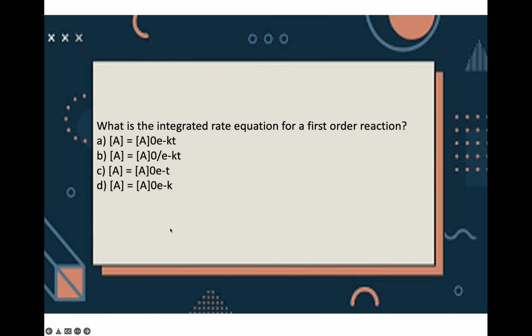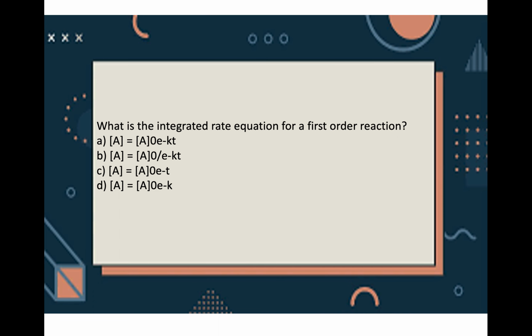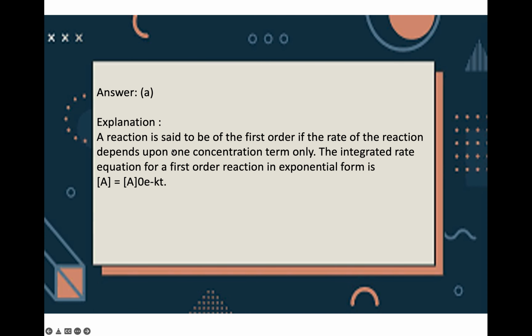Okay. Now next question. What is the integrated rate equation for a first order reaction? 4 options are given here, and the correct option is A. That is concentration of A is equal to A0 E to the power of minus KT. A reaction is said to be of the first order if the rate of the reaction depends on only one concentration term.